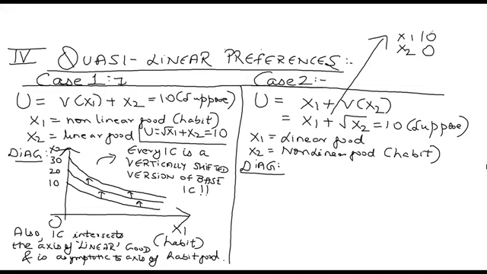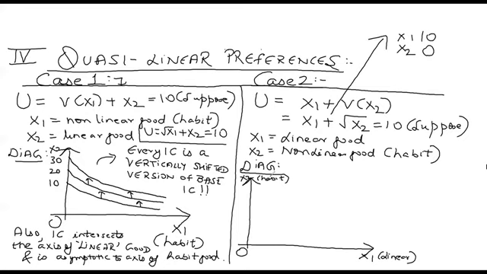I can find out the slope and everything, so let's take it up in the diagram. This is x1, the linear good, and this is x2. x2 is a habit.